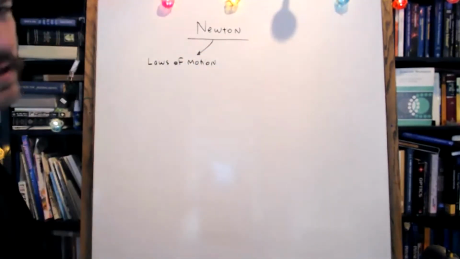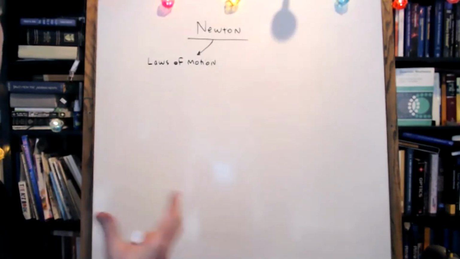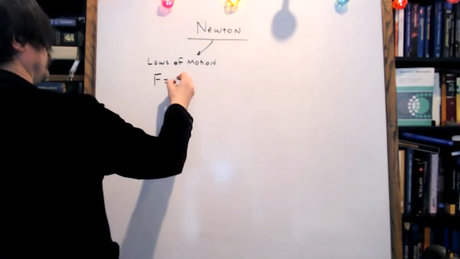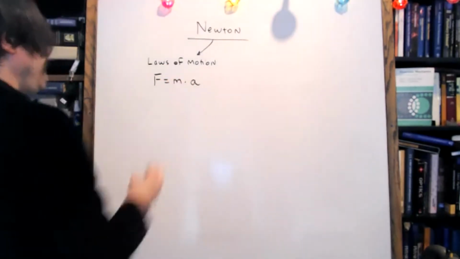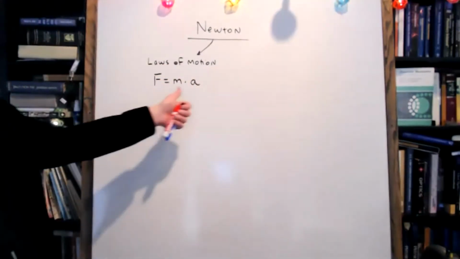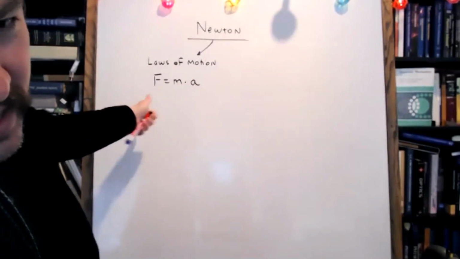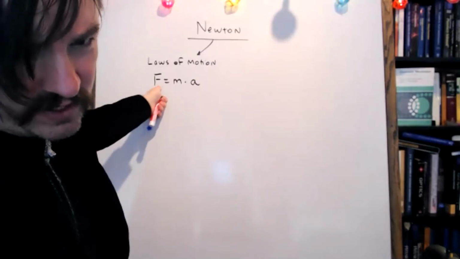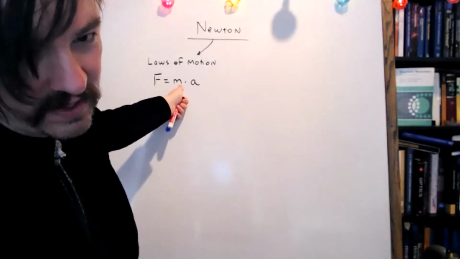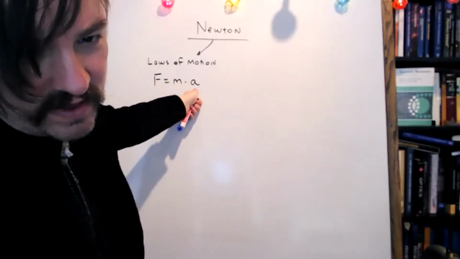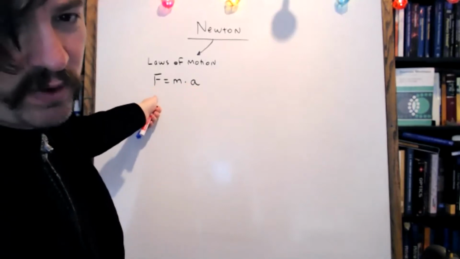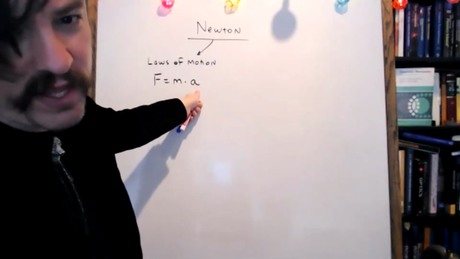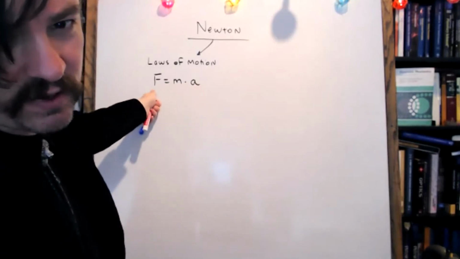Of his three laws of motion, the most important is the second law, which defines a force. F equals ma not only defines a force, but it tells you if you tug with this force on this mass, the mass will experience this acceleration. So in a way, this formula, although it's not obvious, tells you how things move or accelerate when you push them.